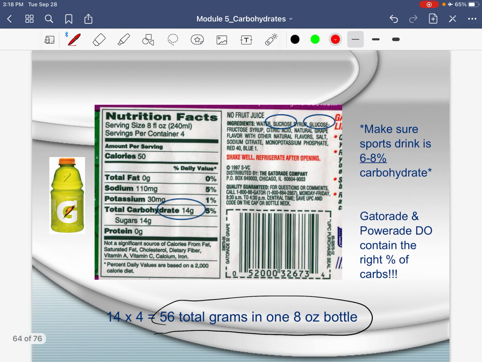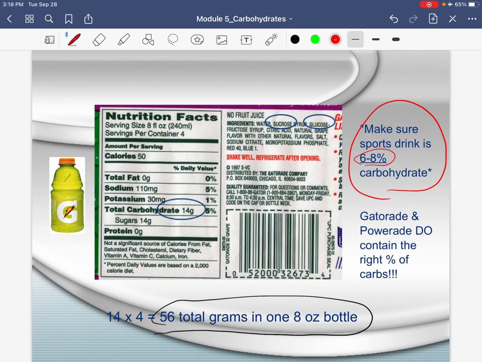And just so you know, the appropriate percentage of carbohydrate in a sports drink is between 6 and 8% carbohydrates. It doesn't tell you that on the label, but we know this to be true. Gatorade does release this information. So you should know that range. Out of all the Gatorade, somewhere it should be between 6 and 8% carbohydrate, the rest water.